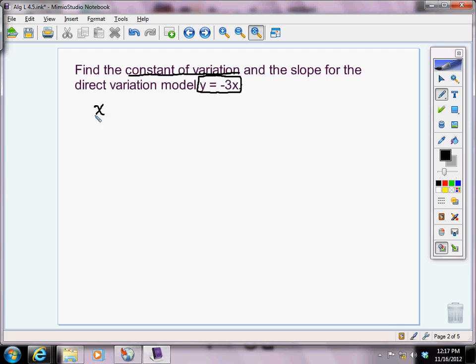So if I were to make an input-output table, I could say if I put 0 in for x, I get 0 for y. If I put 2 in for x, 2 times negative 3 is negative 6. If I put 4 in for x, 4 times negative 3 is negative 12. So what's happening from our x's to our y's?